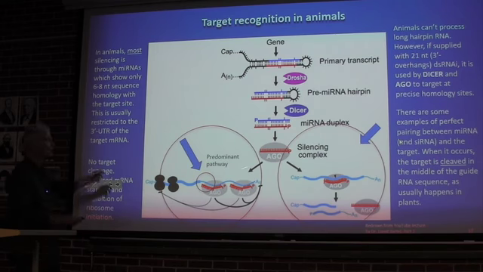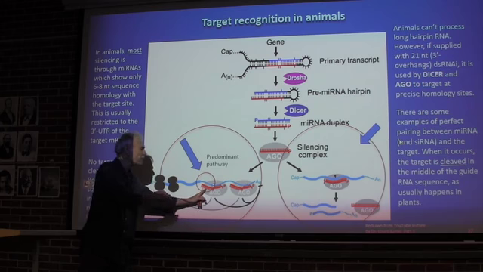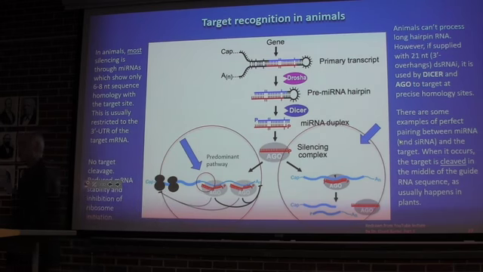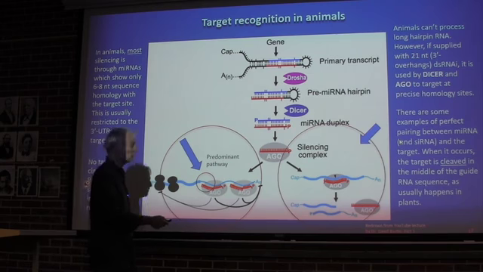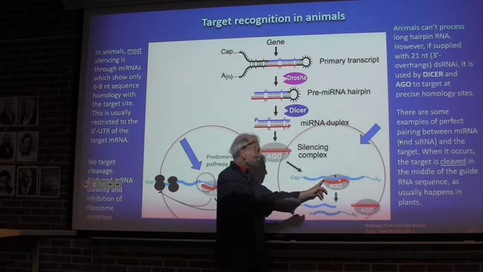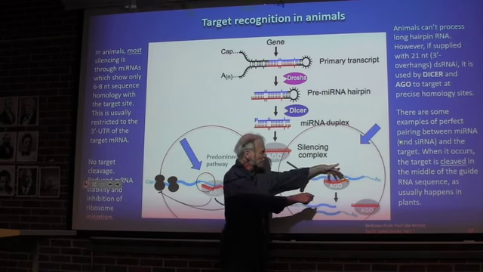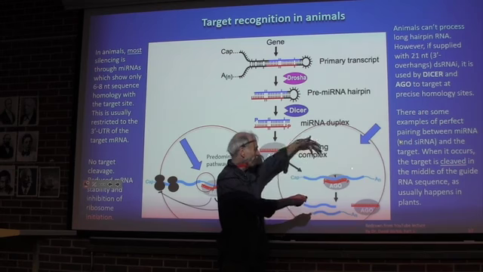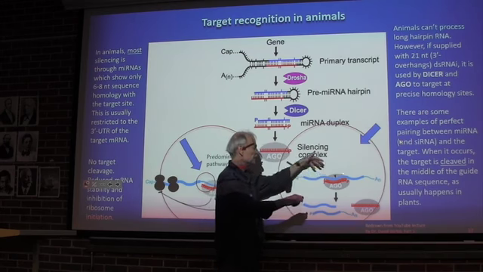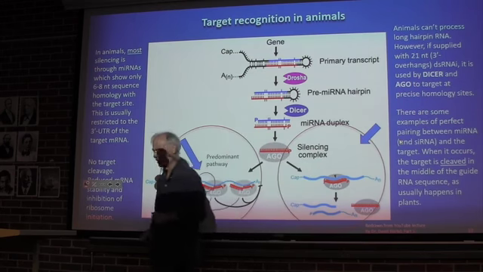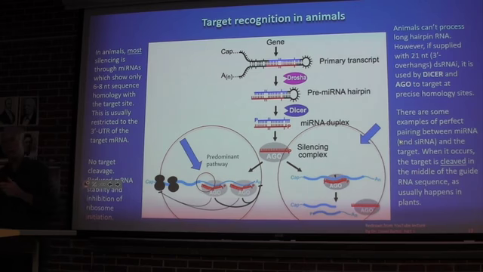This silencing complex binds at multiple positions on the 3' untranslated portion of the message. Why is that? It's related to its mechanism. In plants, Argo makes a much larger homology base pairing and can cut any old place, and it silences gene expression by just cutting and destroying the RNA.